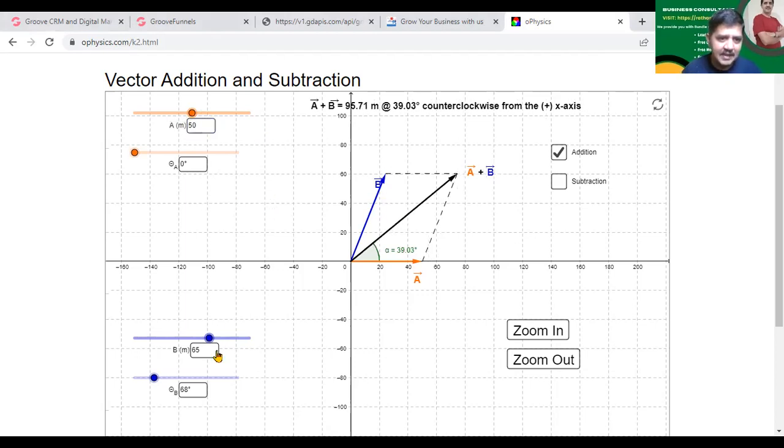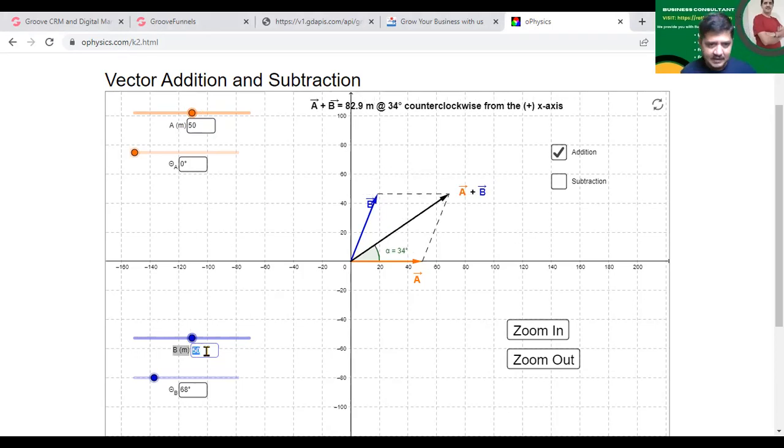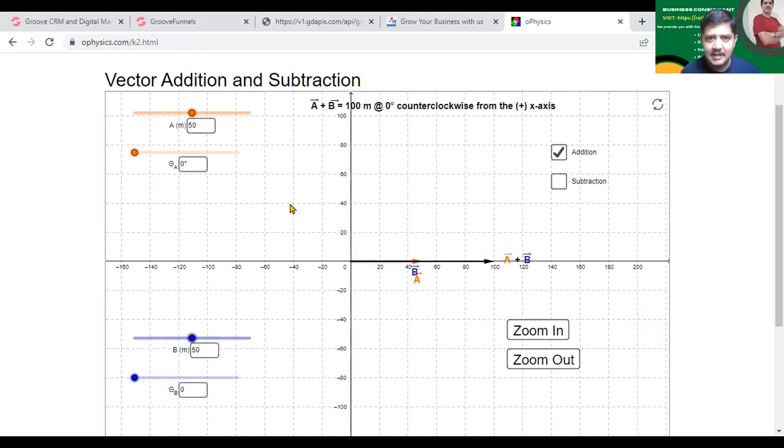And then let the length of vector B, how much will we take? Shall we take it as 50 units once again? Yes, we will take it as 50 units once again, right? And initially, let me make both of them to be 0. Now what do you get here? Vector A and vector B, both are aligned in the same direction.